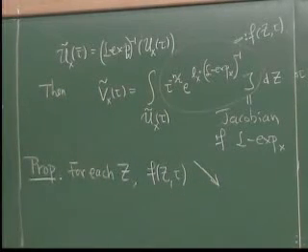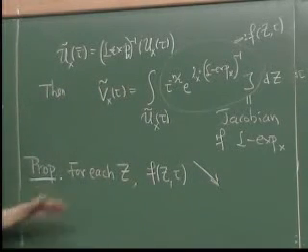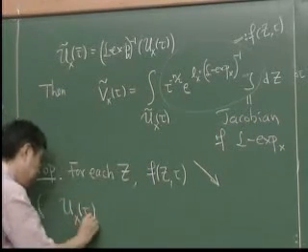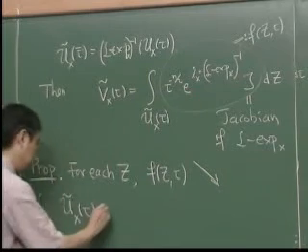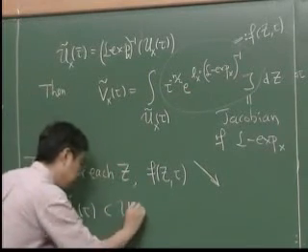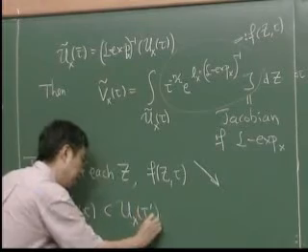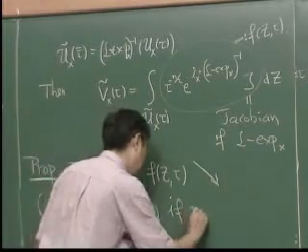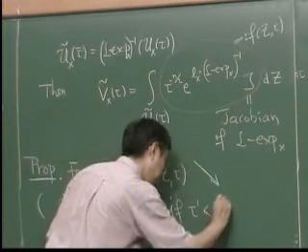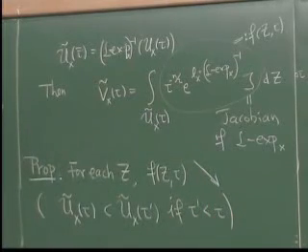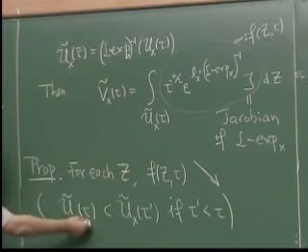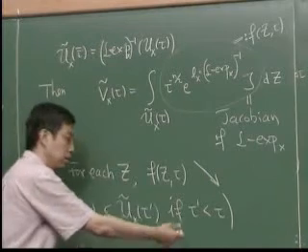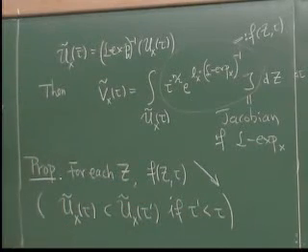Here I make a remark. This makes sense because U x tau is contained in U x tau prime if tau prime is less than tau. If you already have an L geodesic up to length tau, of course, if you take a short section of that, it is still a unique L geodesic.